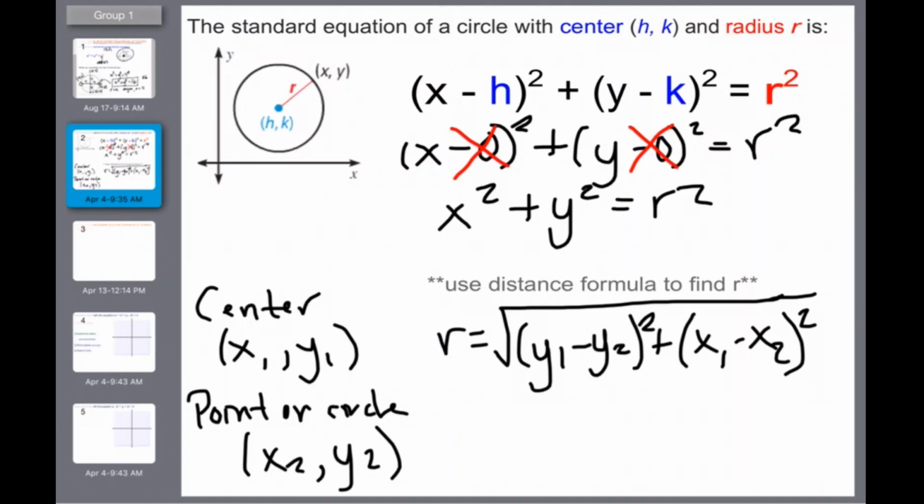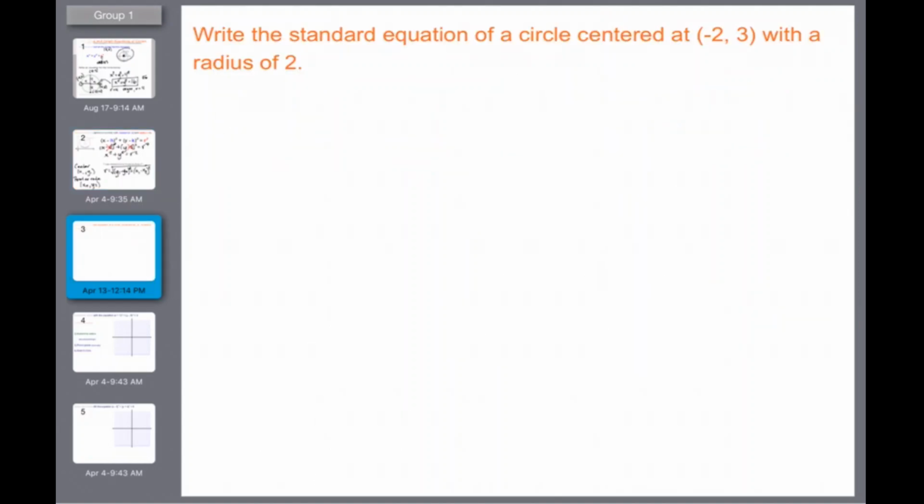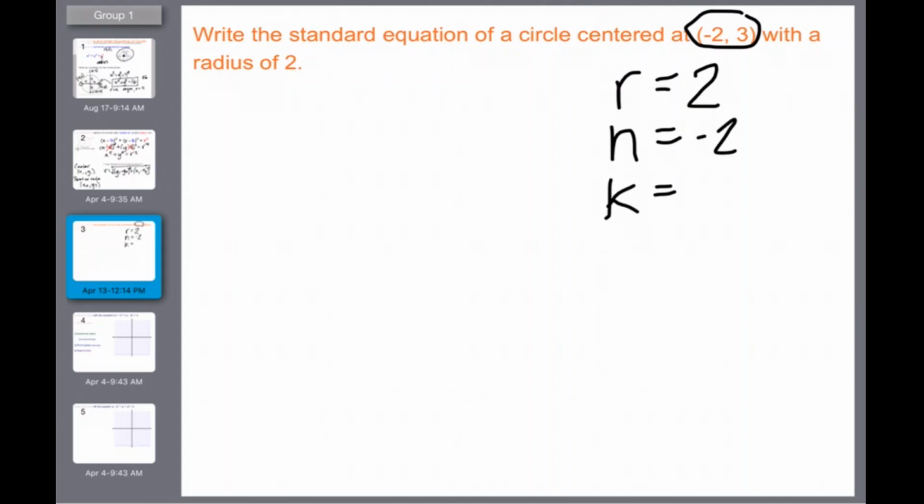The radius is 2, so r is 2. We're given our center, -2, 3, so our h is our x value, -2, and k is our y value, which is 3. Now all we need to do is plug it into our equation from before.